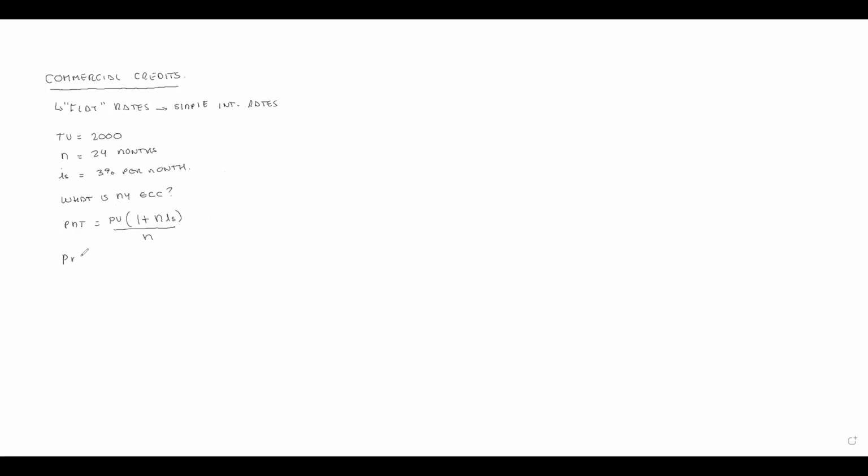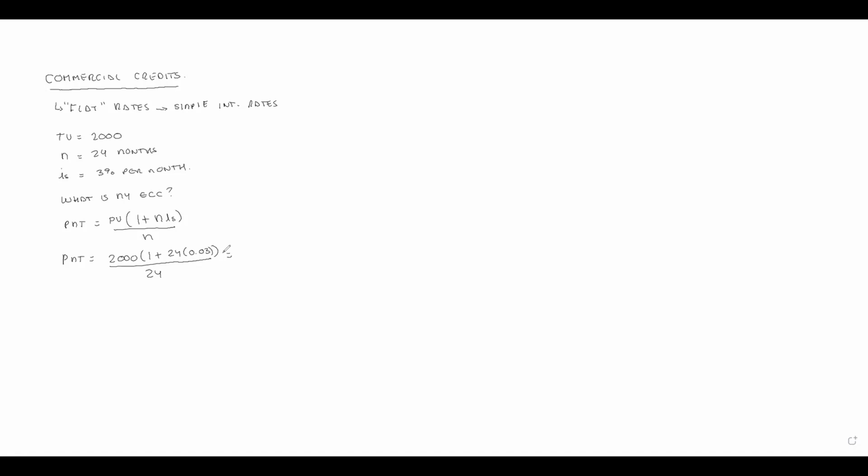So let's compute our payment according to this model. It's going to be $2,000 that multiplies 1 plus n, where n is 24, and the interest rate is 0.03, divided by 24. So basically I will compute the upper part first: 1 plus 24 times 0.03.